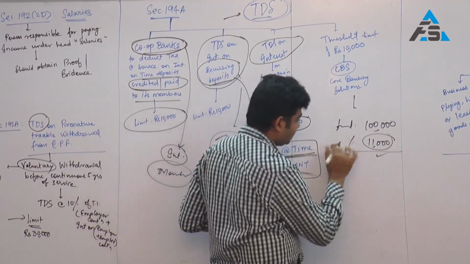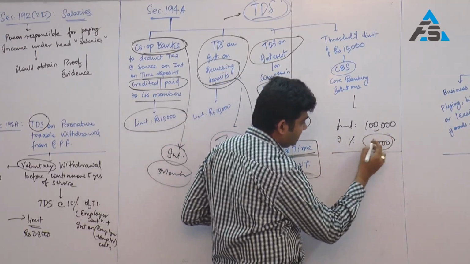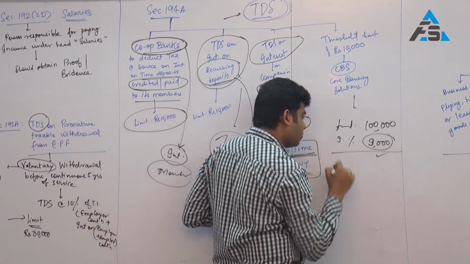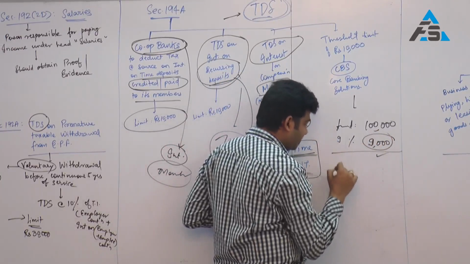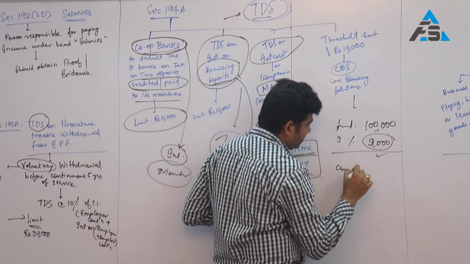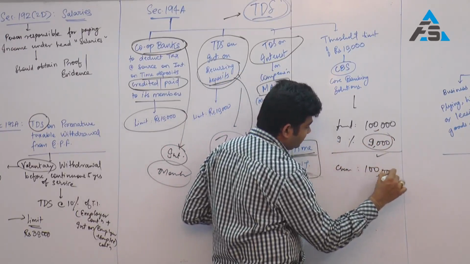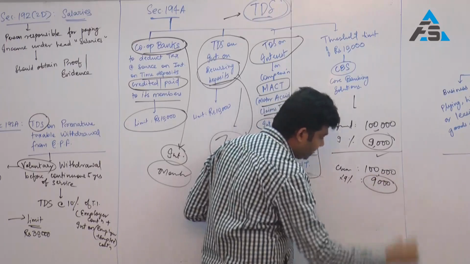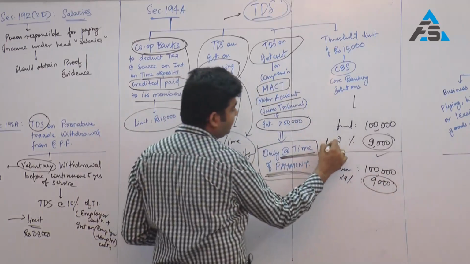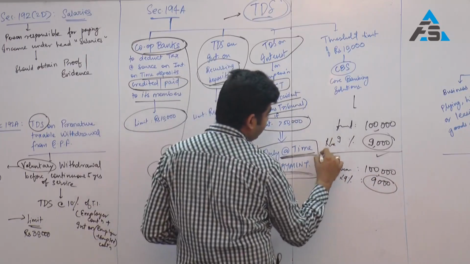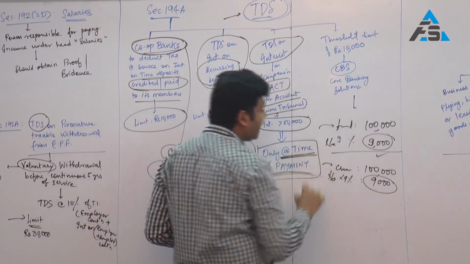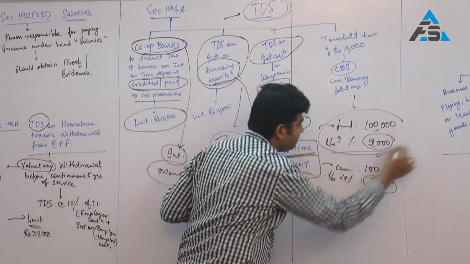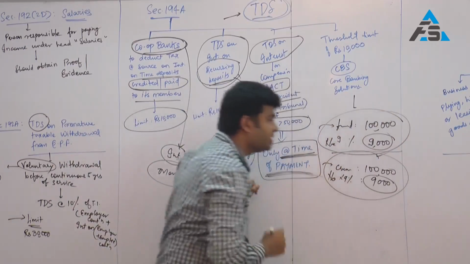Suppose this is 9%, then the interest amount will be 9,000. I have one more account with my Chennai branch, which is again 1 lakh, again at 9%. So 9,000 is the interest that I am going to get. No TDS. Why? Because at the individual branch level the branch has to see whether TDS is to be deducted.